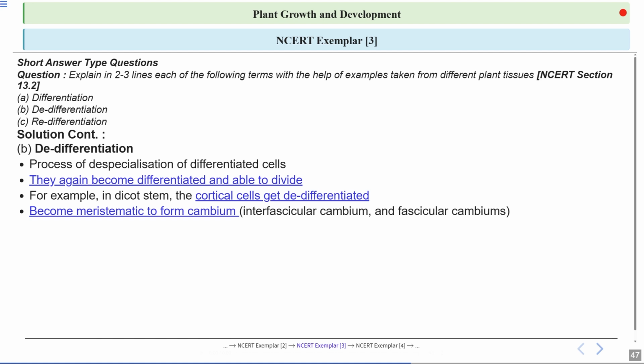Cambium is not always present between the two vascular bundles. There are only parenchymatous cells, but these parenchymatous cells de-differentiate themselves into cambium cells, and they get the activity of the meristematic cells.